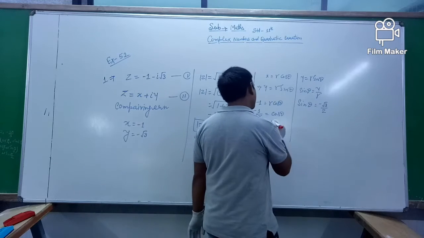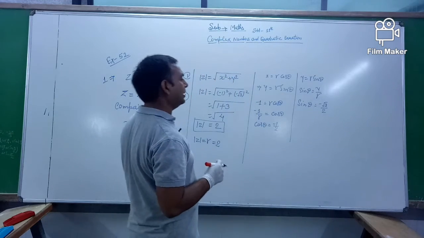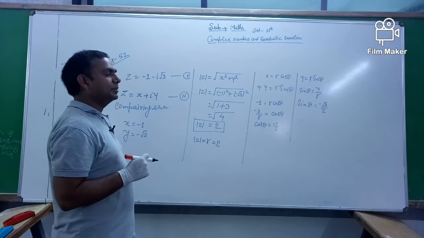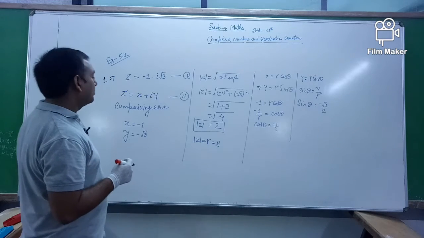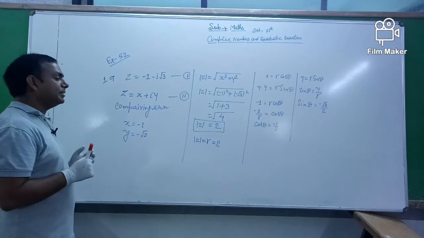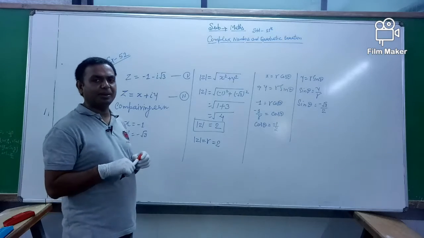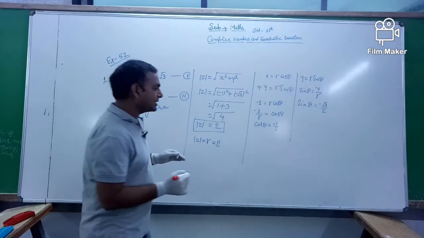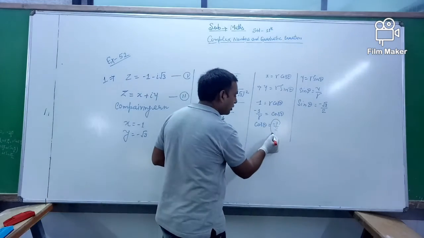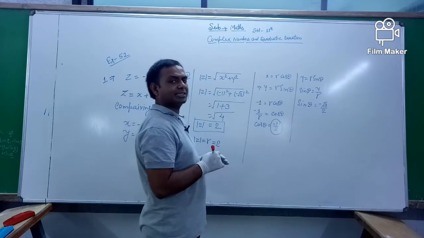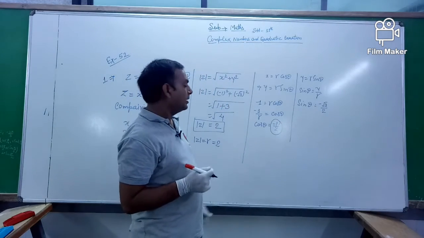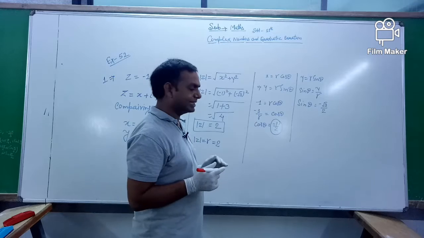Okay. You see cos theta is equal to minus 1 by 2 and sin theta is also minus 1 by 2. But these are the values in the form of pi, because this is the value of cos 60 degree. Cos 60 degree means pi by 3. But this is negative.